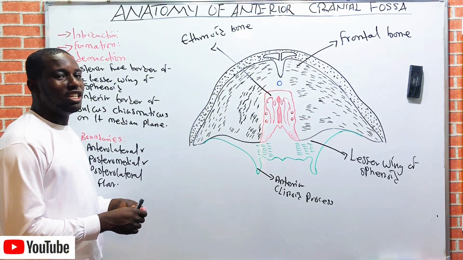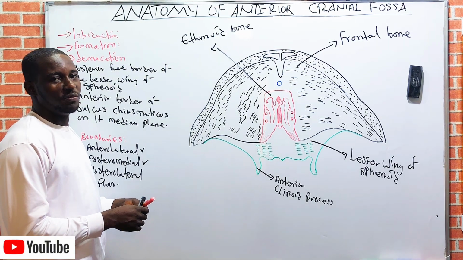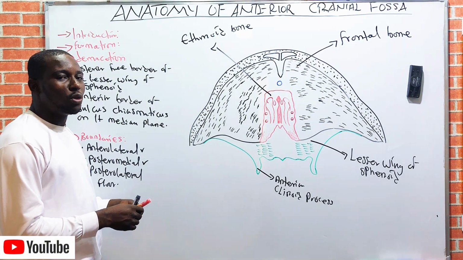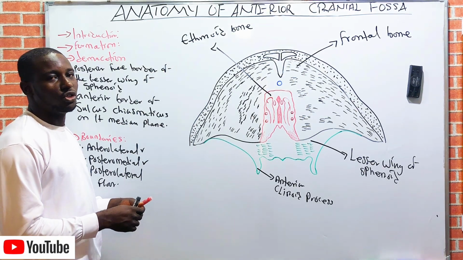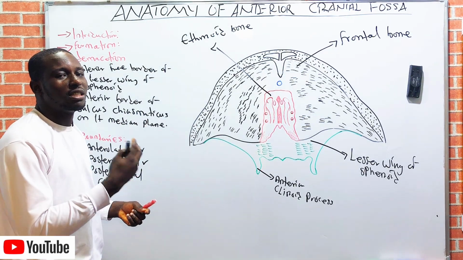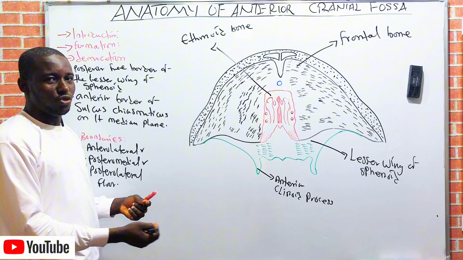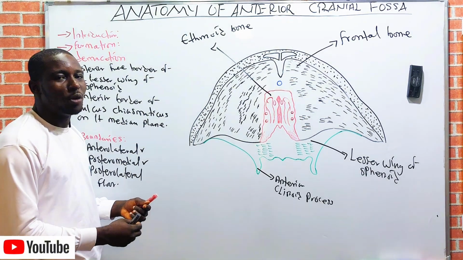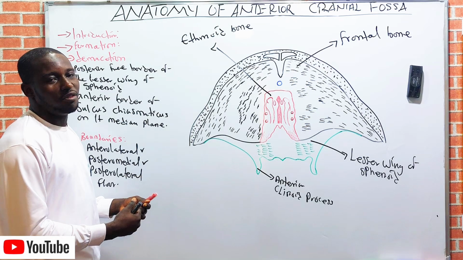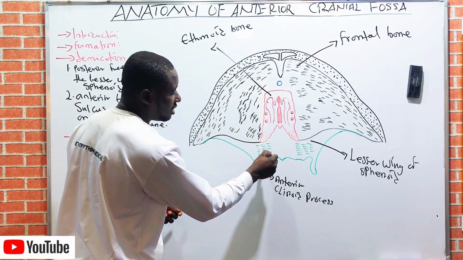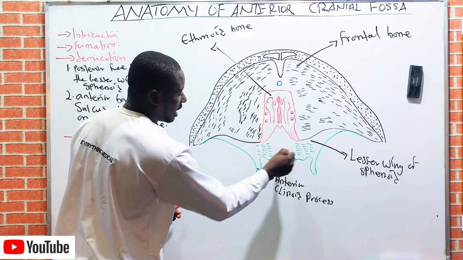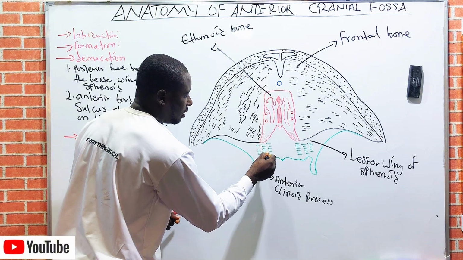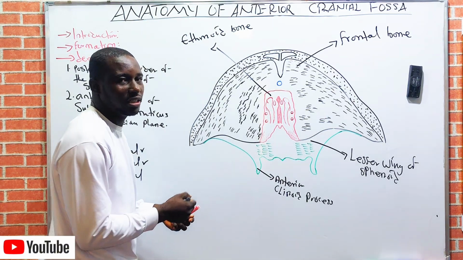The limbus is a prominent bony ridge that forms the anterior border of the sulcus chiasmaticus. What is the sulcus chiasmaticus? The sulcus chiasmaticus is a groove that runs between the right and left optic canal in the middle cranial fossa. As you can see here, this is the optic canal, the left and right optic canal.